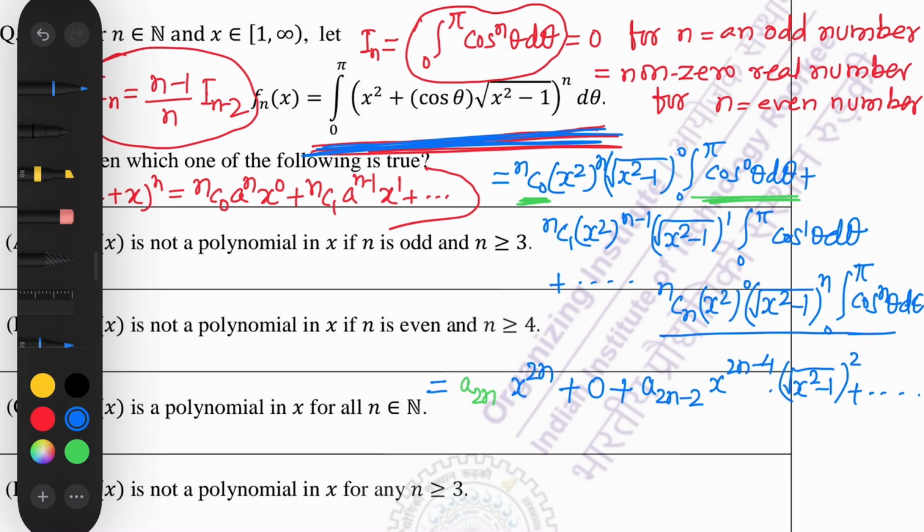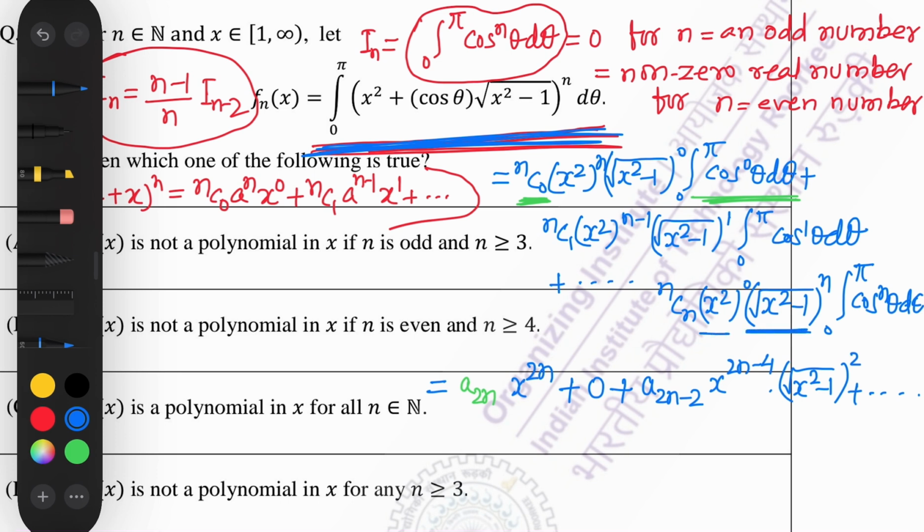Here you see, suppose n is an even number, then this will be a polynomial.